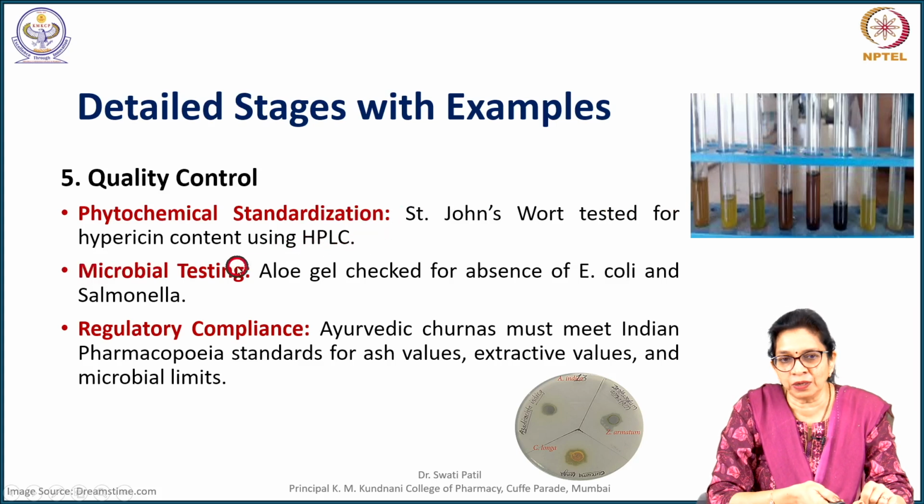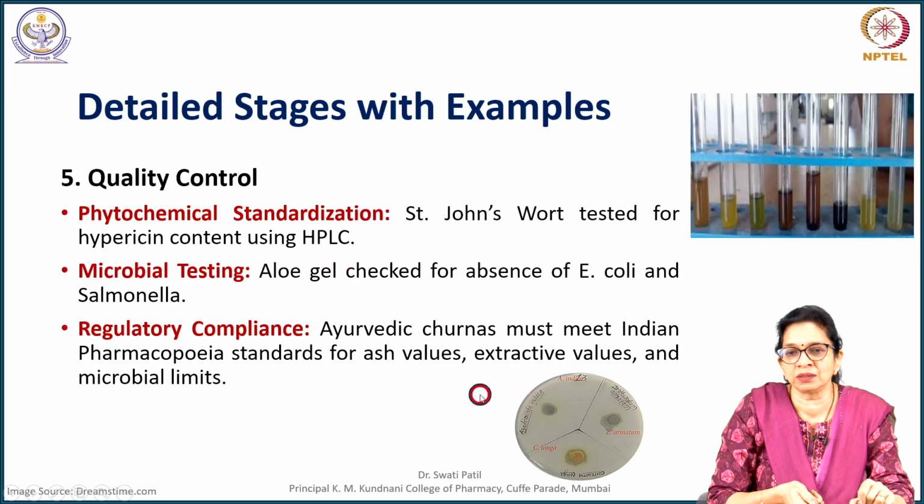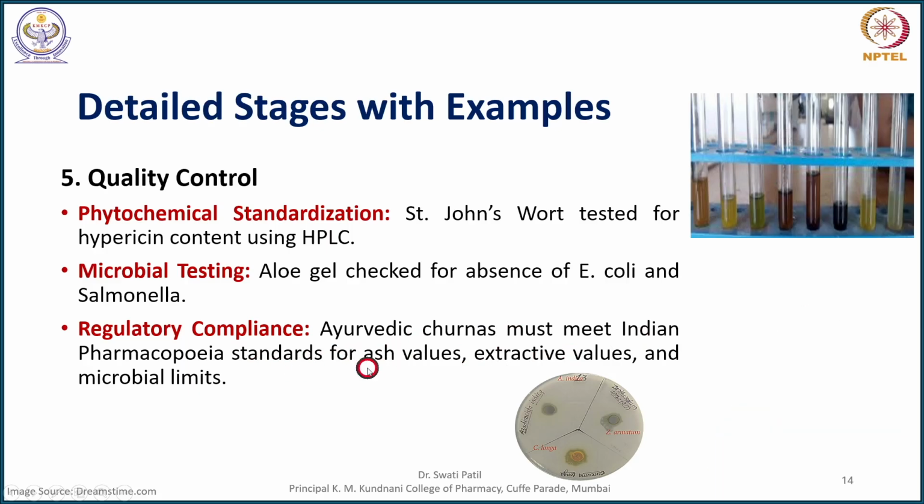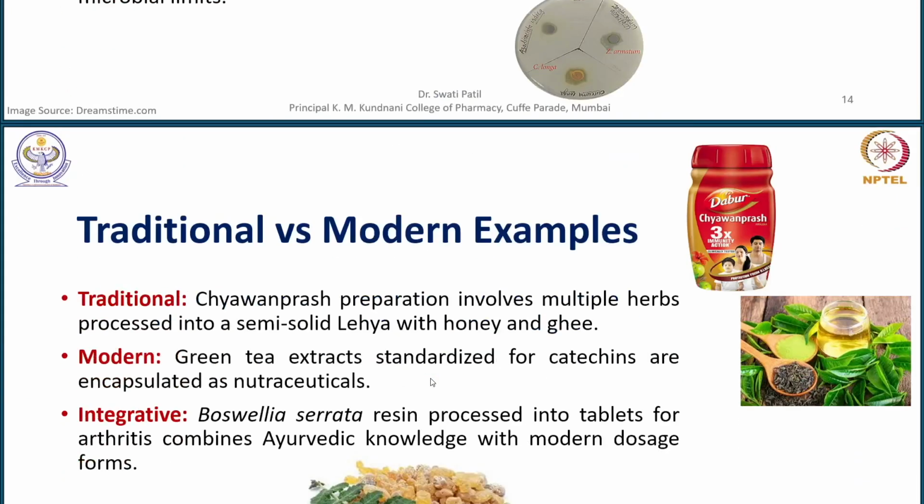Aloe gel is checked by microbial testing for the absence of E. coli. So, when aloe gel is poured on an agar plate, it should not show growth of any microorganism. Ayurvedic churnas must meet Indian pharmacopoeial standards for ash values, extractive values and microbial limits.